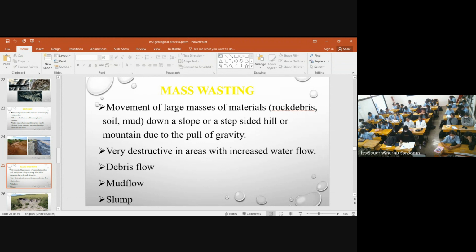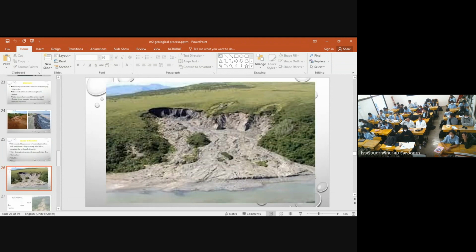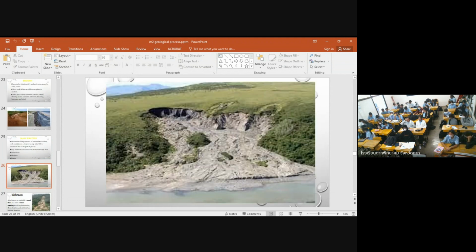We have three types: the debris flow, the mud flow, and the slump. This is an example of mass wasting. It's like a landslide, but not really big.